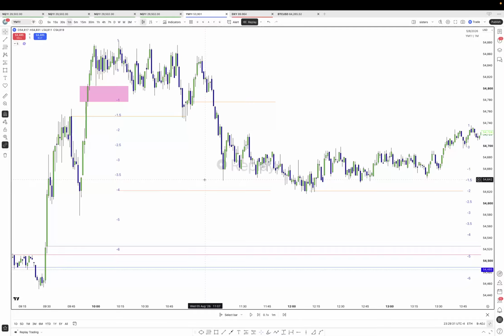So out of all those things I said, the fair value gap, the OB, the CSD, price being in premium, 2 relevant standard deviation fibs, those are 6 to 7 things that are telling me to short price and 0 telling me to long price.